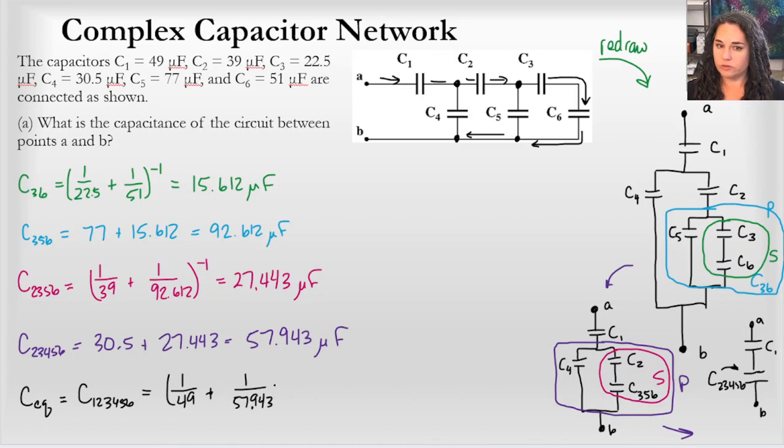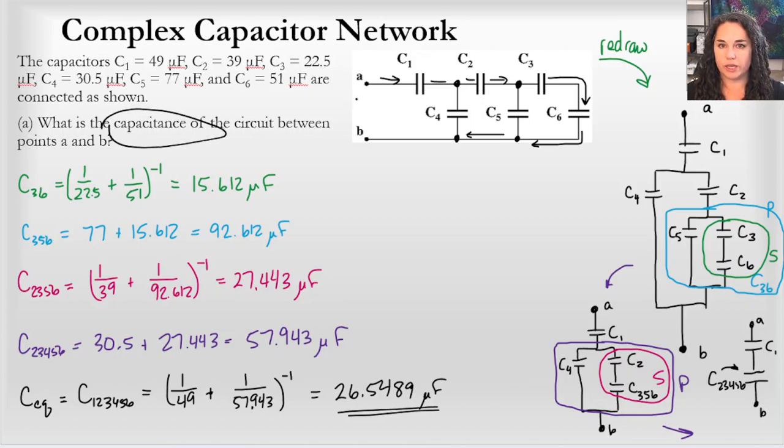And don't forget to invert it. When we run this through your calculator, you should get 26.5489 microfarads. That is the equivalent capacitance between point A and B.